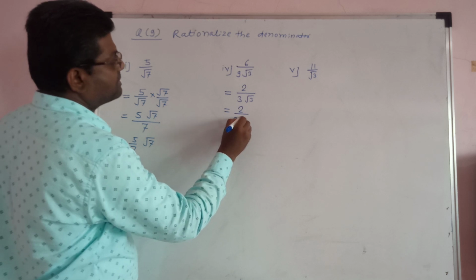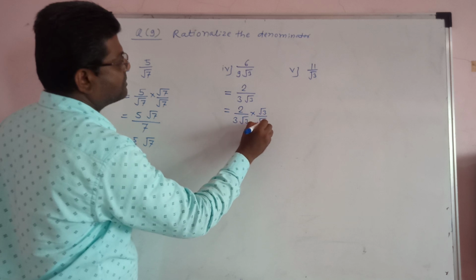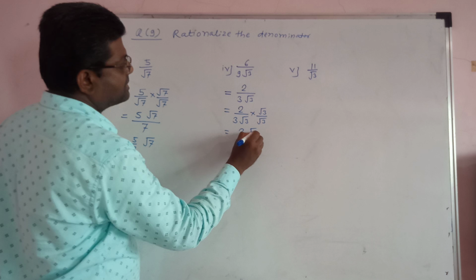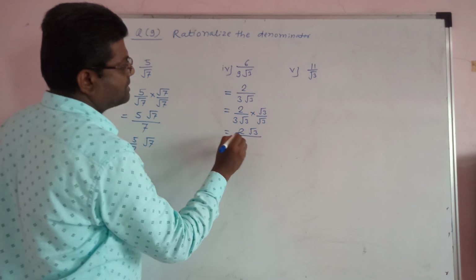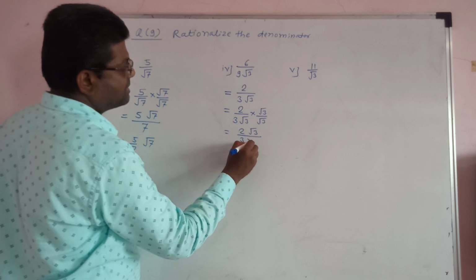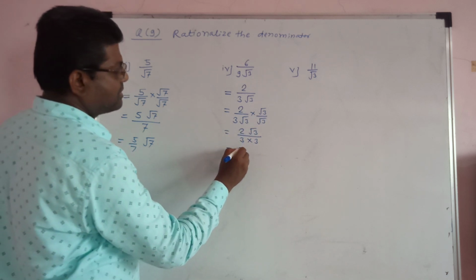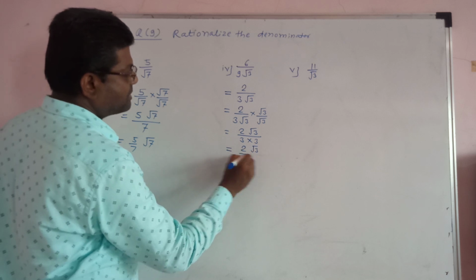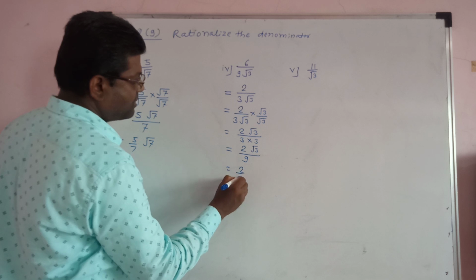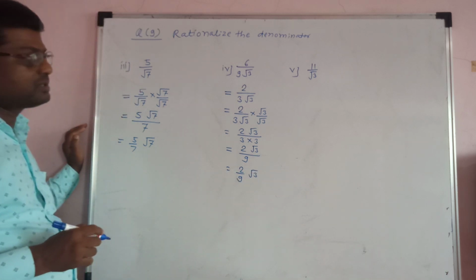Therefore 2 upon 3 root 3 into root 3 upon root 3 is equal to 2 root 3 upon 3. This 3 into root 3 into root 3 will be 3. Therefore 2 root 3 upon 3 into 3 is 9, equal to 2 upon 9 root 3.